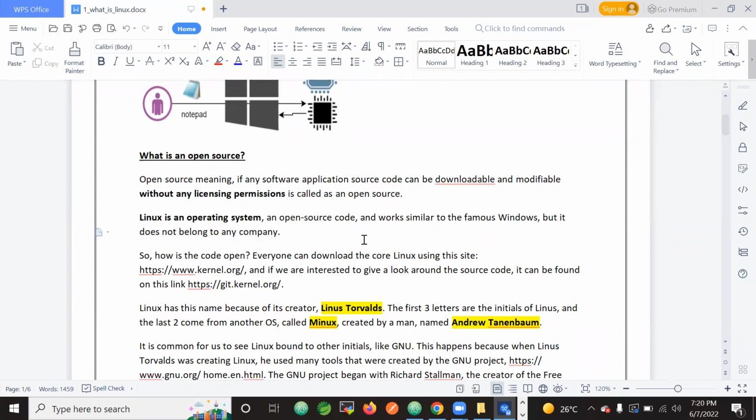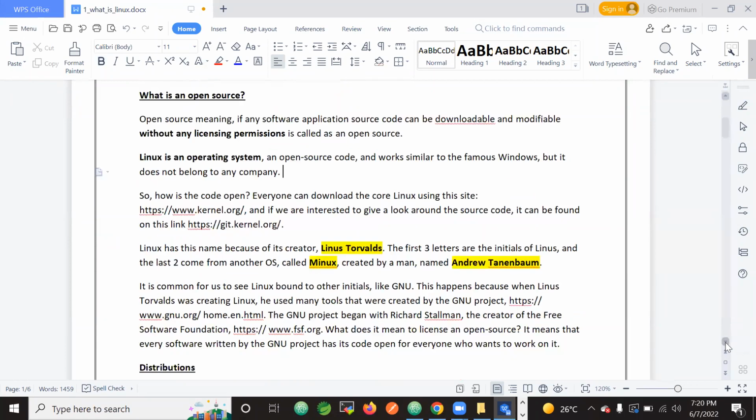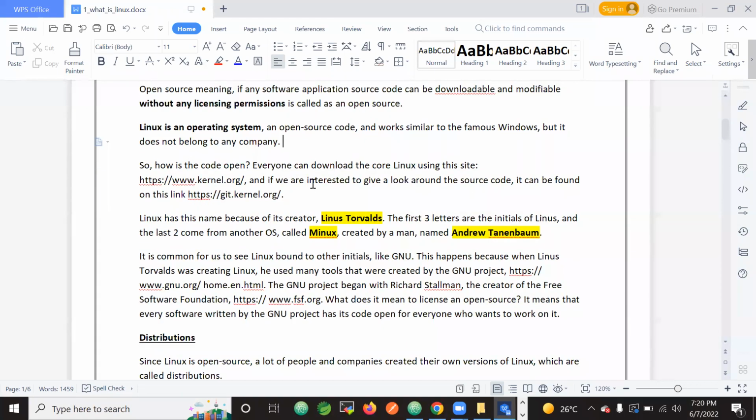So that history, let us see. What is Linux and what is its history? Let us scroll down. Okay, so now we have an idea. Linux is an open source operating system freely available for download.